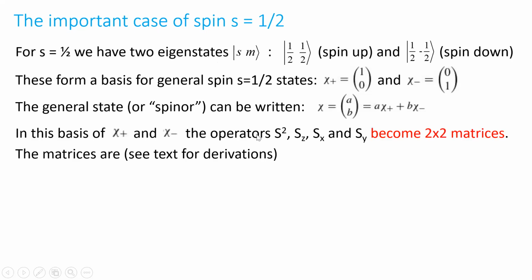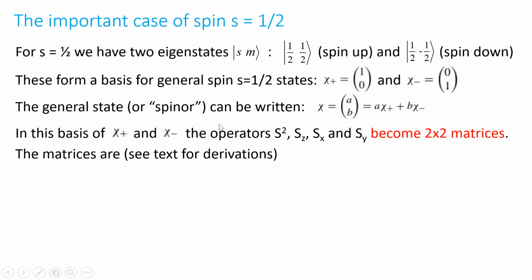All right, so in this basis of spin up and spin down, the operators S squared, Sz, Sx, and Sy actually become 2 by 2 matrices, and the reason for that is because there's only two states.